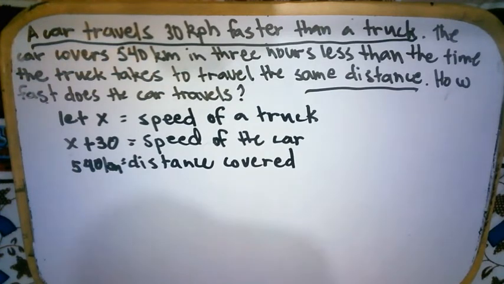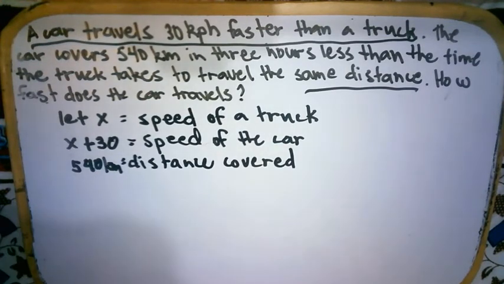So ibig sabihin, for example, kung na-cover ng car yung 540 kilometers ng 3 hours lang, so ibig sabihin, na-cover nung truck yung 540 kilometers ng 6 hours. Kasi nga, mas mabilis ng 3 hours yung car doon sa truck depending on the time.